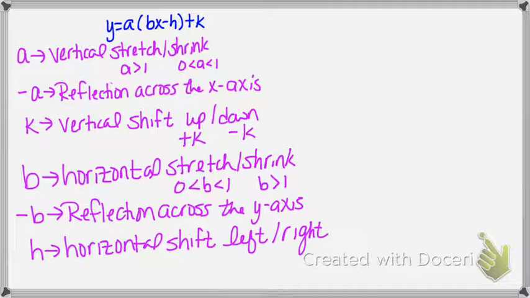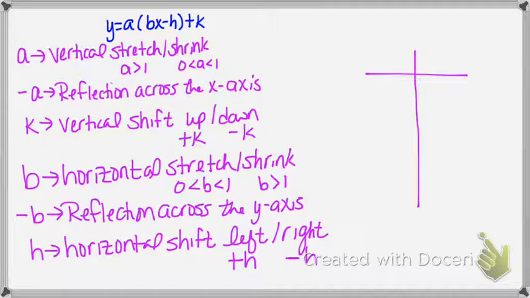But remember I told you x does the opposite. So if it's a positive h, it's going to go left. And if it's a negative h, it's going to go to the right. And so b and h are both inside with the x, so they are going to affect our x value. So what will this do to our tables?